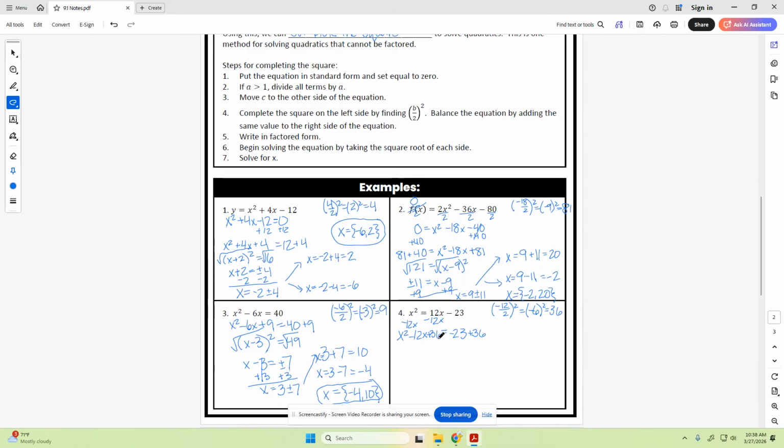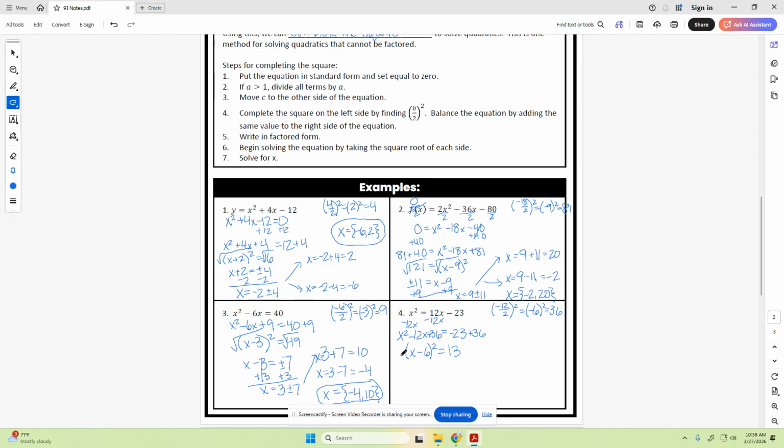This is a perfect square that factors into x minus 6 times x minus 6, which is x minus 6 squared. And negative 23 plus 36 is 13. So this is where this problem is going to start to get a little bit harder, because notice this is not a perfect square.